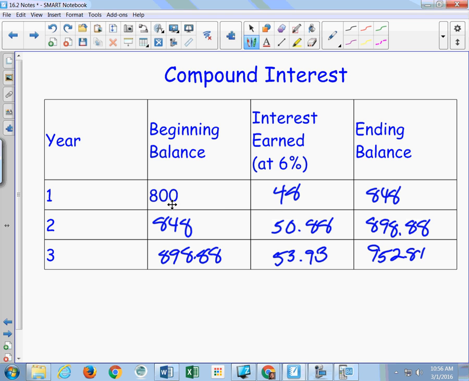Now, if we just wanted to see if I had $800, put it in, made 6%, and I wanted to see how much I would have after 3 years, I would just put $800 into the formula and use 3 as my time.